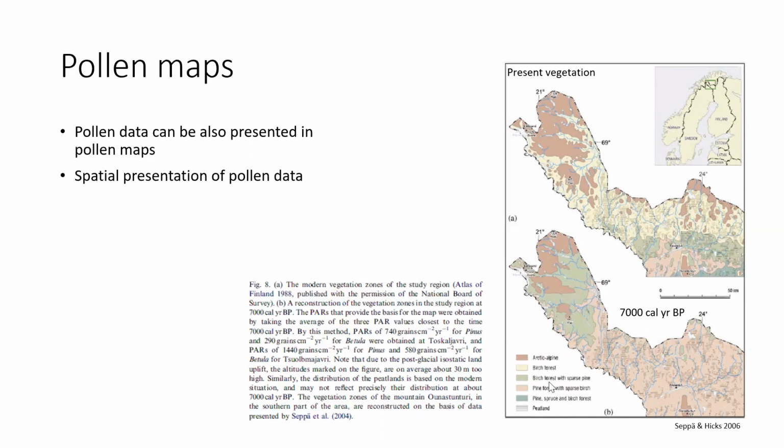So here we can see that where we now have just birch forest, there was birch forest with pine, and pine forest coming quite far north with some sparse birch. So there's been a clear change in the vegetation, and based on the pollen record at this time point, they have been able to create this kind of map.